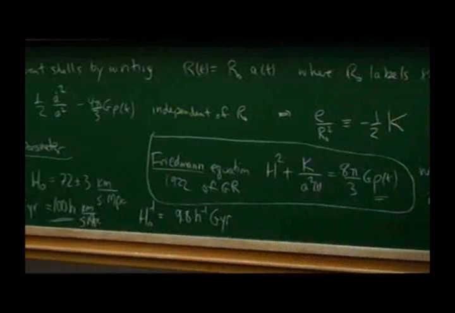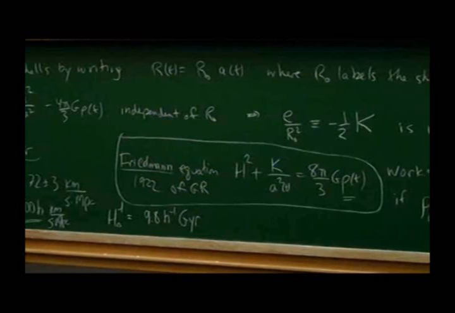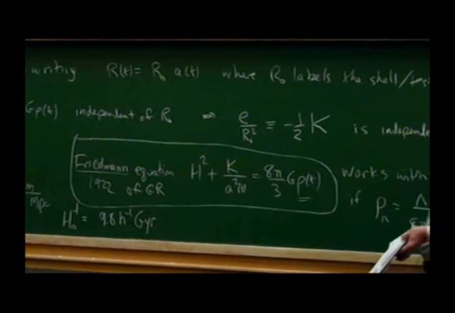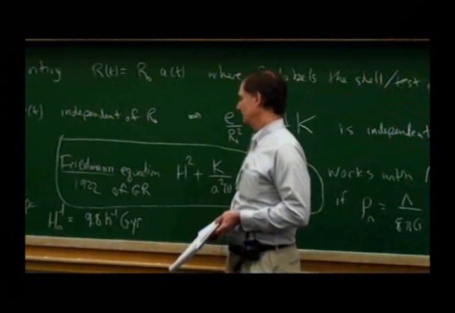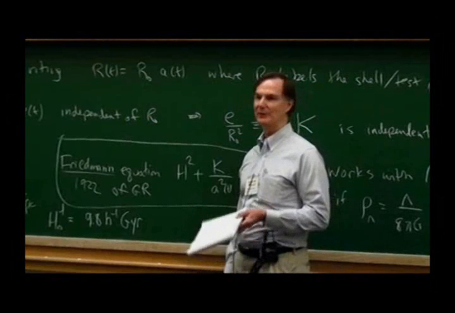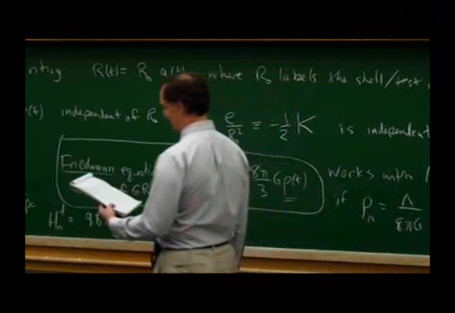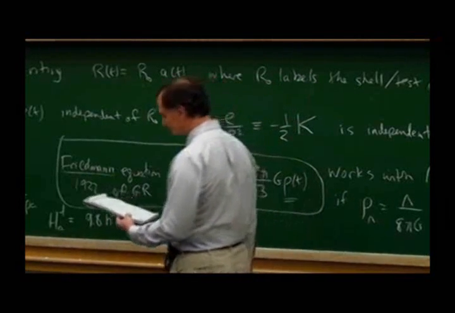So H naught inverse is an age. It has units of time, and that time is 9.8 little h to the minus 1 billion years. You can put in h equals 0.72, and you'll get something that is remarkably close to our reduced age of the universe. And that's an interesting coincidence, perhaps.